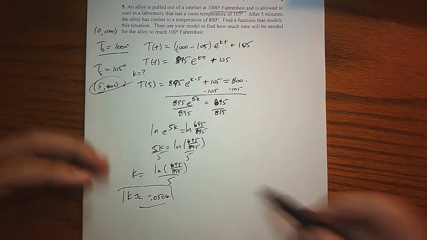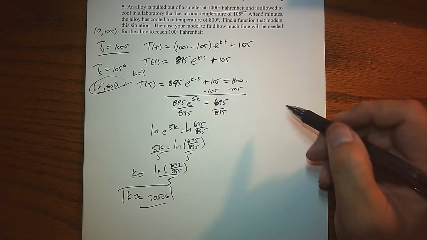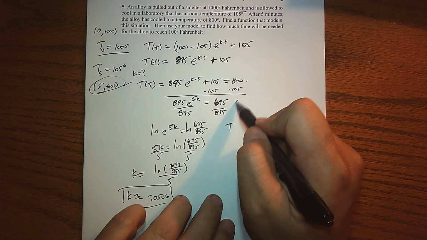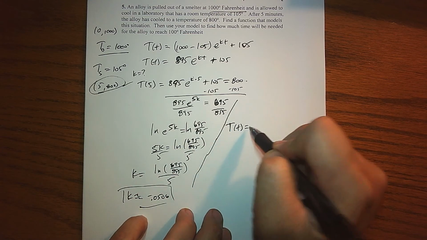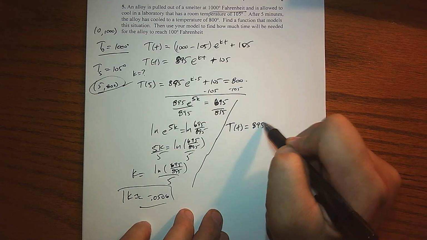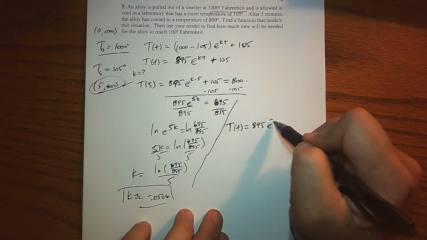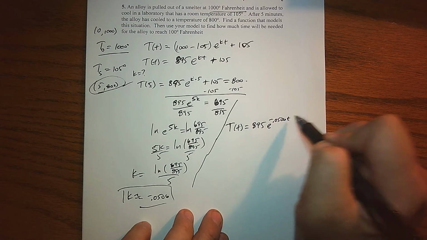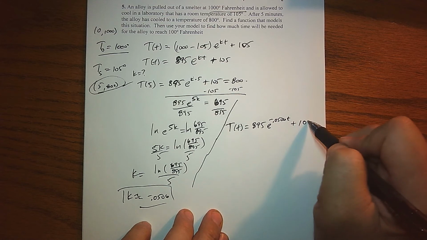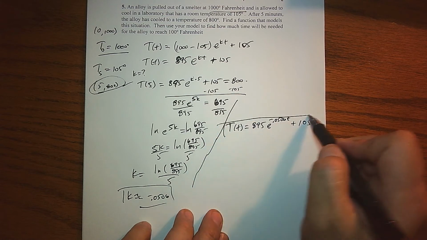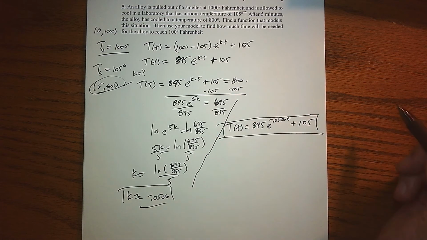So our model, putting it all together, T of t is 895 e to the negative 0.0506t plus 105. So there is the model for that alloy that's cooling in a room that's 105 degrees.